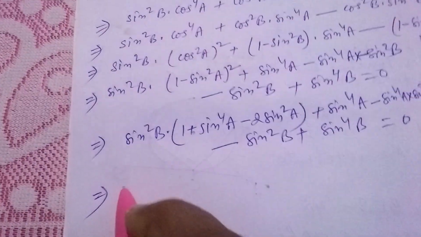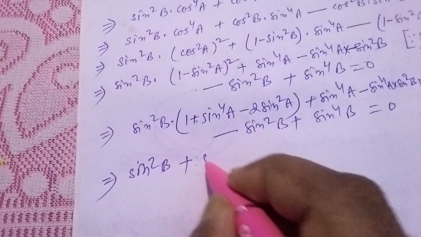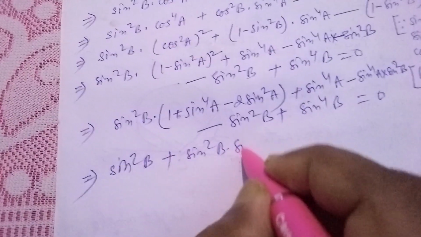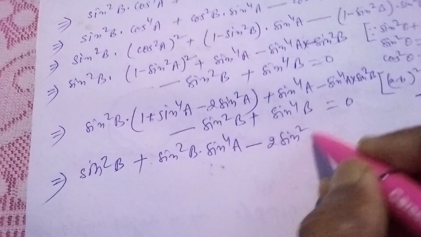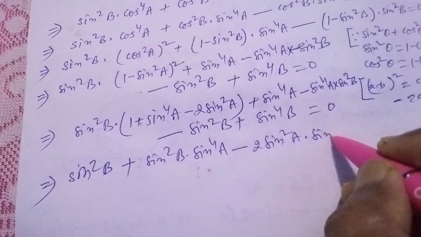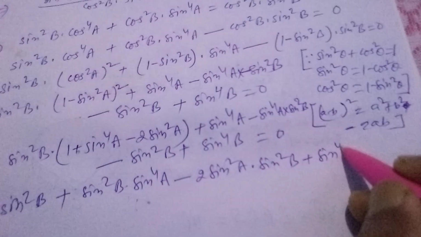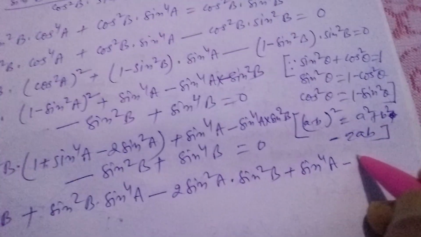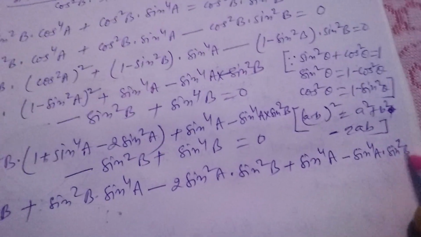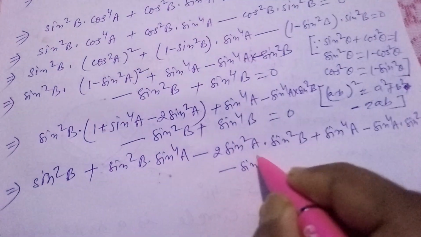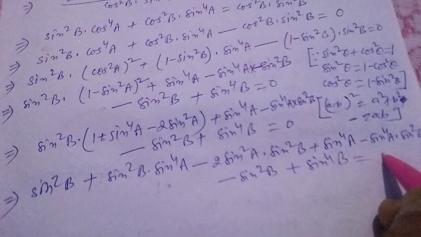Now you remove this bracket, then it is sin square b plus sin square b into sin to the power 4a minus 2 sin square a into sin square b, and then plus sin to the power 4a minus sin to the power 4a into sin square b minus sin square b plus sin to the power 4b equals 0.